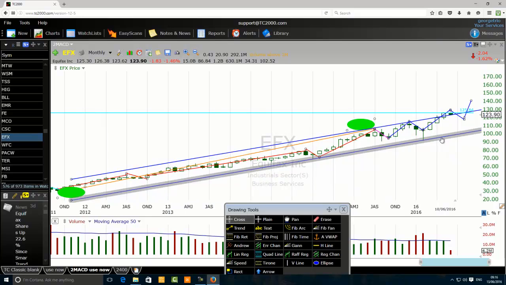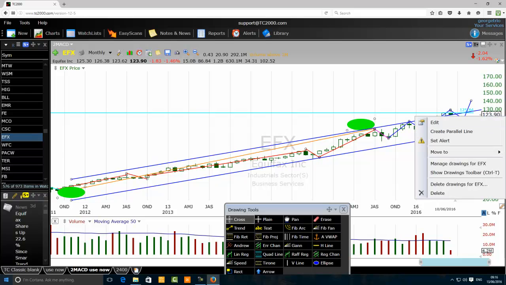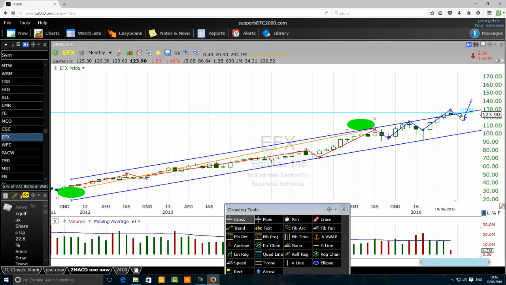So where we are now, I'm expecting a complex fifth wave. I already have the first minor wave, second minor wave, third minor wave. Now I'm expecting a bit of pullback and a bit of a move up. If the pullback I'm expecting happens, then I have an edge.